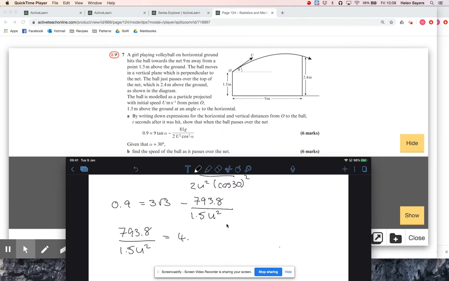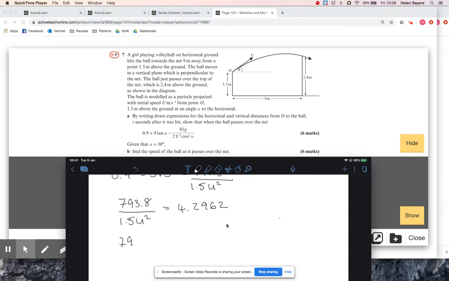My answer is not going to be in the exact form anyway, so I'll start going to decimals. Let's go to 5 significant figures just to be on the safe side. Then I would multiply up by the u squared. There's no reason to multiply by the 1.5. In fact, let's just save a little bit of time, and then I'll divide by the 4.2962 at the same time.